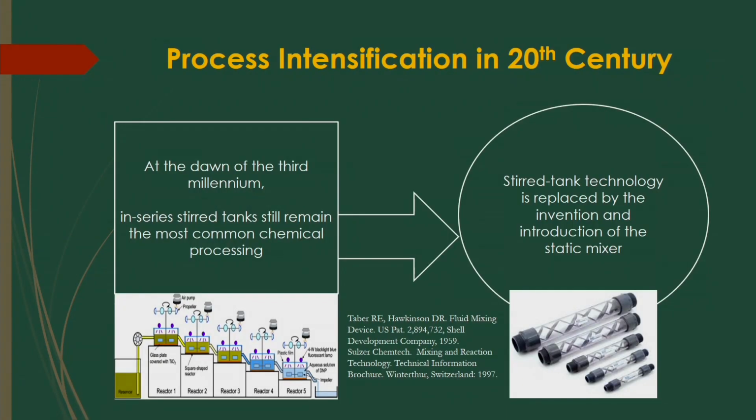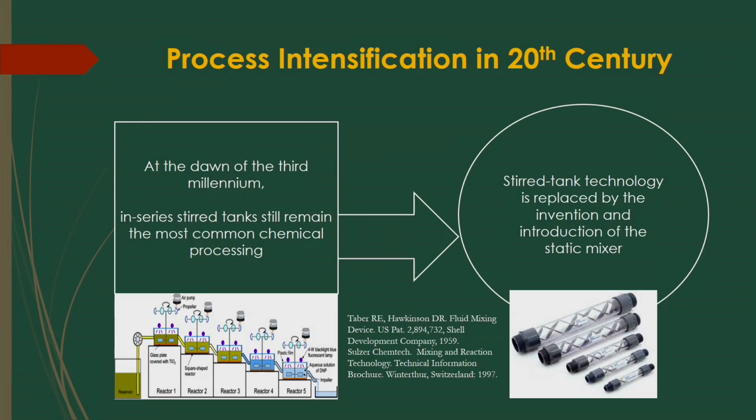So, they used a series of reactors called stirred tank reactors, where some mechanical device was used to mix the fluids for the reaction. For continuous operation, they used a series of stirred tank reactors to produce that product.